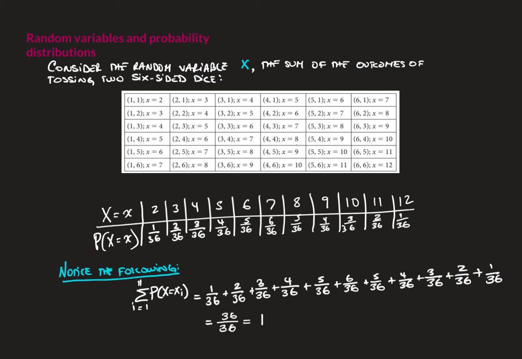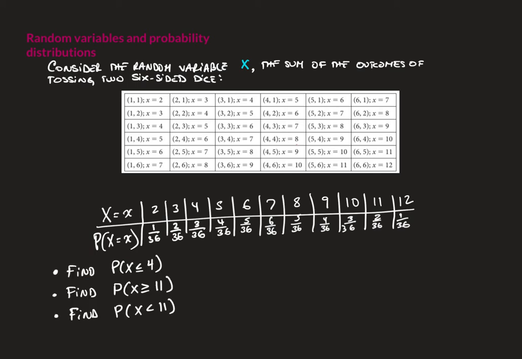One more thing we can look at from here is we can start asking questions about different combinations of probability. For example, if I ask you to find the probability of finding an outcome that is less than or equal to 4, all we have to do is consider all of the outcomes that meet this characteristic.